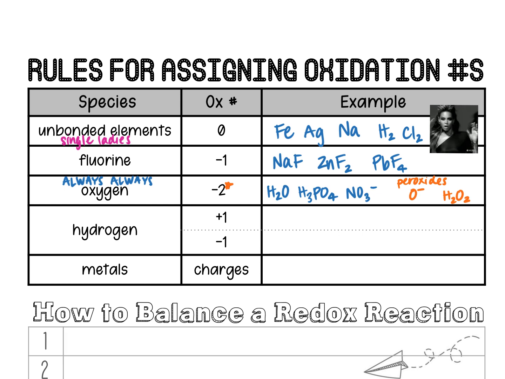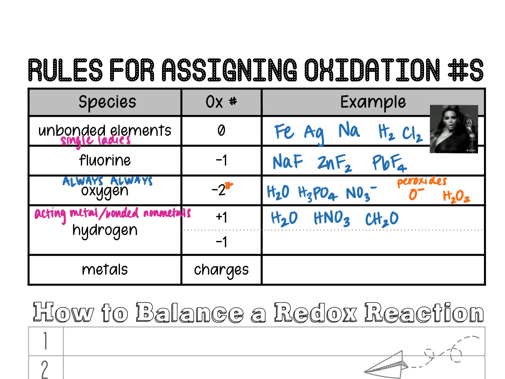Then we come to hydrogen. Hydrogen has 2 cases. Sometimes it acts like a metal, where it's bonded to nonmetals, where it's going to have a +1 charge. This is in such compounds as this one, and this lovely guy here.